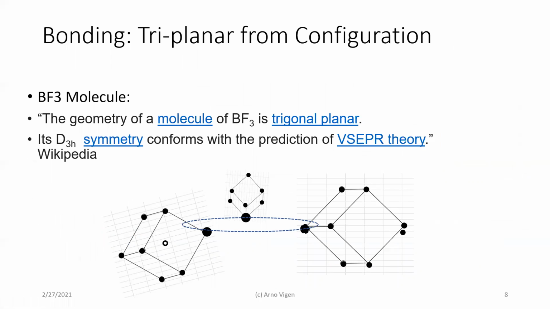Well, they say boron bonds with fluorine in 3. Specifically, it is triplanar. It's the same as if 3 things are out there at the equator. Now, Wikipedia says the geometry of the molecule is triangular planar. And this D3h, okay, notice the 3 symmetry conforms to predictions of the VSEPR theory.